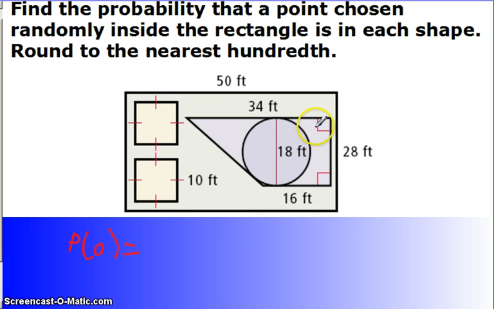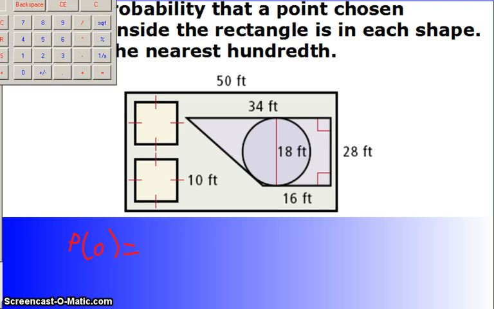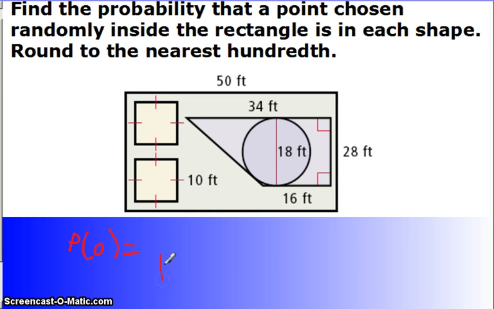So we want the area of the circle over the area of the entire thing. The area of the entire thing would be what, 50 times 28. So it looks like 1400 will be our denominator. And on top, for the area of the circle, we're going to have what, 9 squared times pi. So that's going to be 81 times pi.